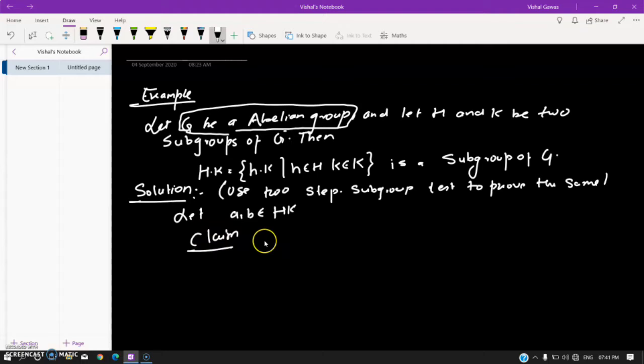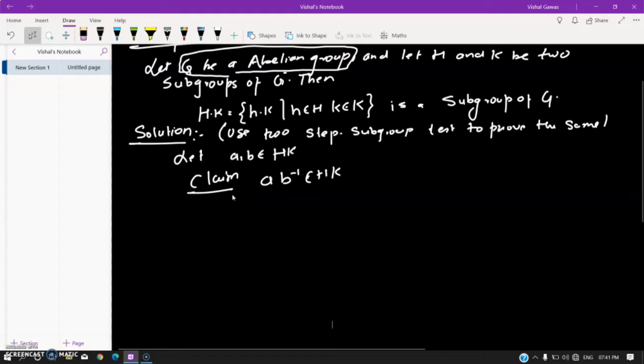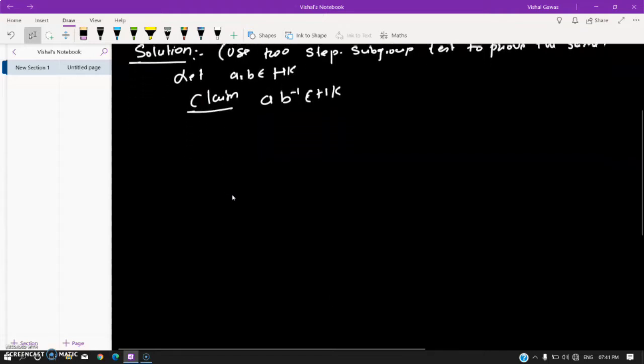My claim is that AB inverse is in HK. That's what I'm claiming. So let's go further.